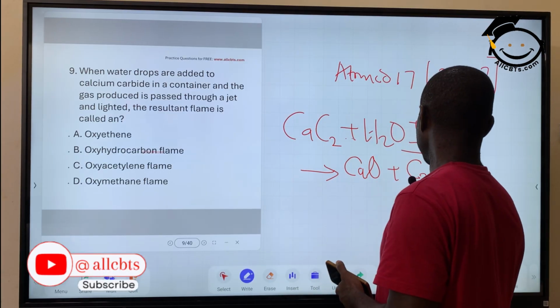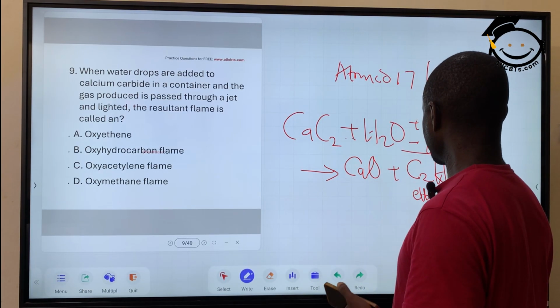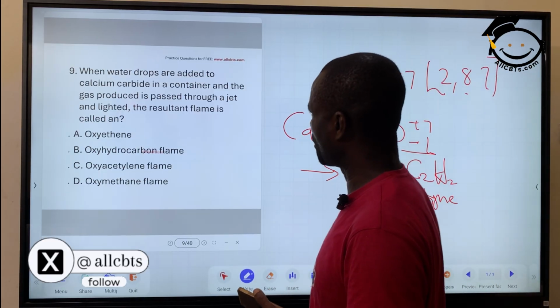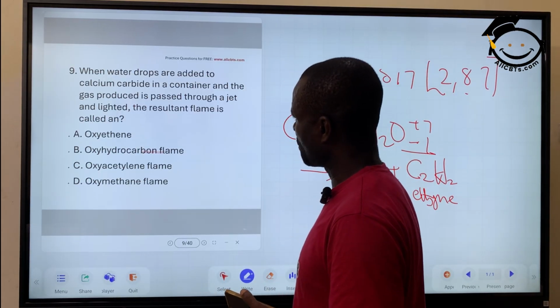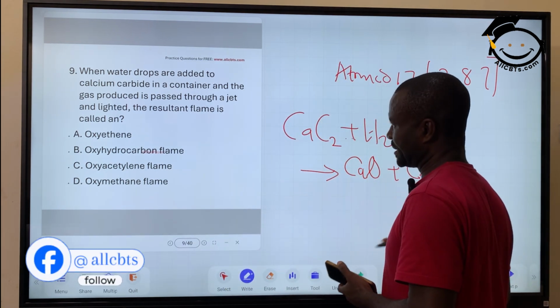This is called ethyne. This produces the gas. So when ethyne is combined with oxygen, the gas is called what? Oxyethyne. Mind you, this is ethyne, not ethane.